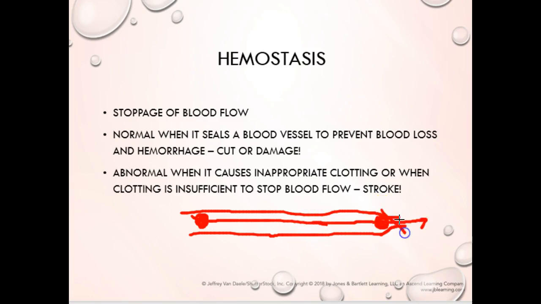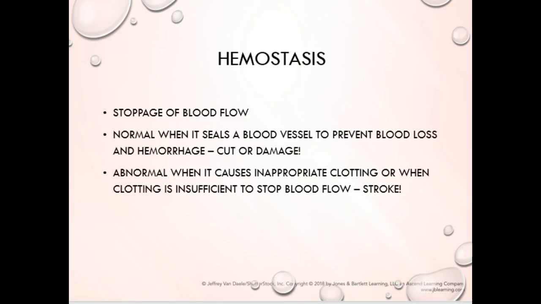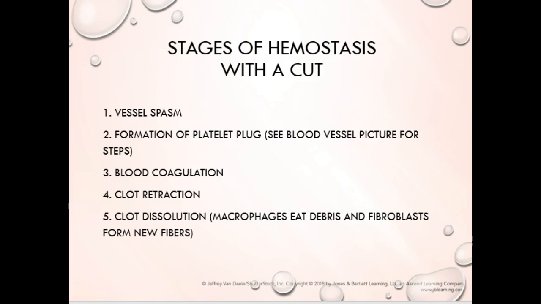We won't get a blood supply to any of the tissue beyond. So if this is brain tissue, very bad. We can have a stroke. If it is lung tissue, we can have issues with that. If it goes down to the leg, we can cut off blood supply there. So wherever that clot lodges, it'll stop that blood flow beyond it. And that's abnormal.